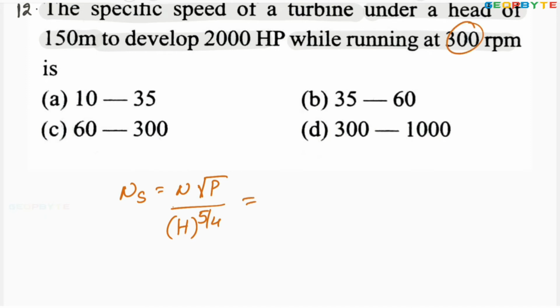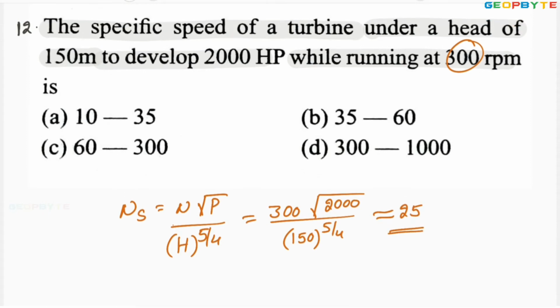Here speed is given 300, multiplied by root over P equals 2000, divided by head given 150 power 5 by 4. You simplify this value for getting approximately 25. This is the specific speed of the given turbine. So it is in the range of 10 to 35. Therefore option A is absolutely correct.